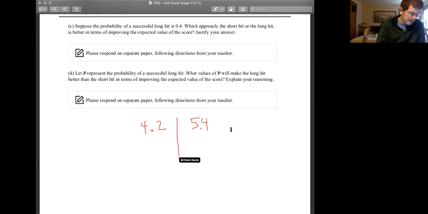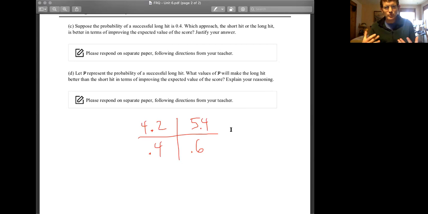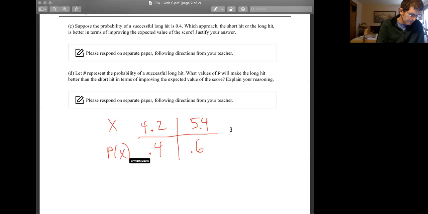And he's got a 40% chance of getting this expected value, and a 60% chance of this expected value. So that's the conceptual difficulty with all this, is figuring out what to do. But once we know that these are the outcomes, I'll just put X right here. This is the probability of these outcomes.